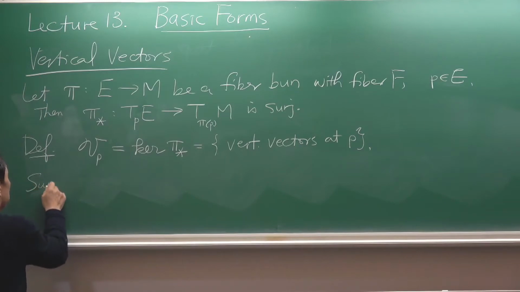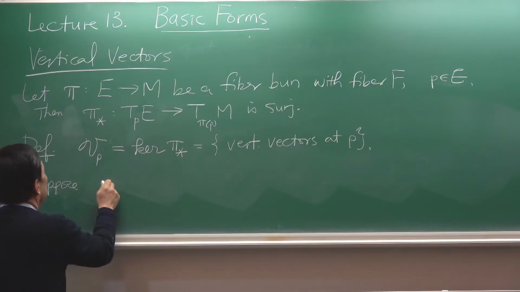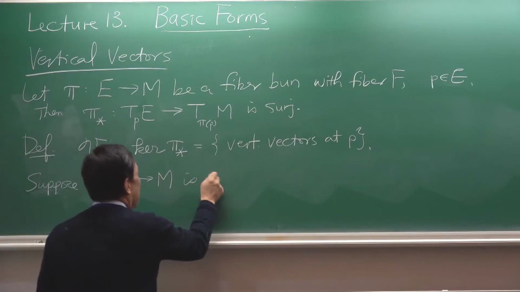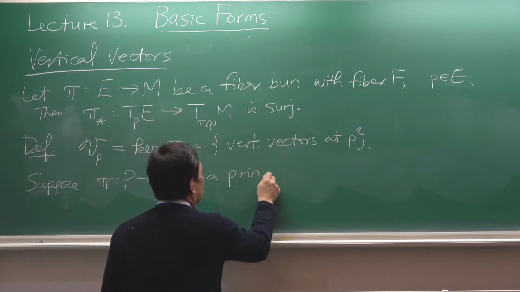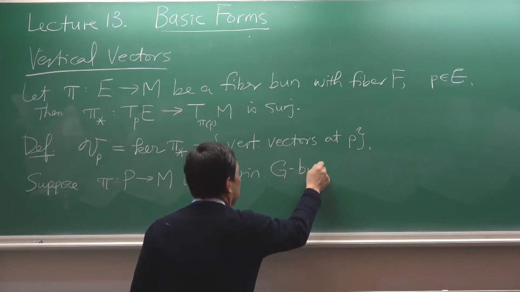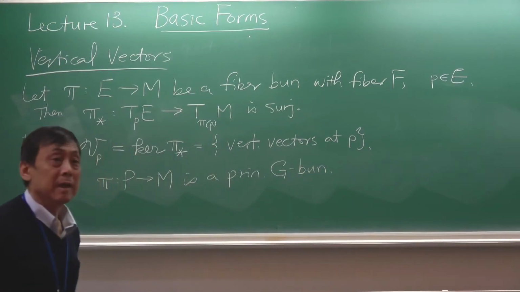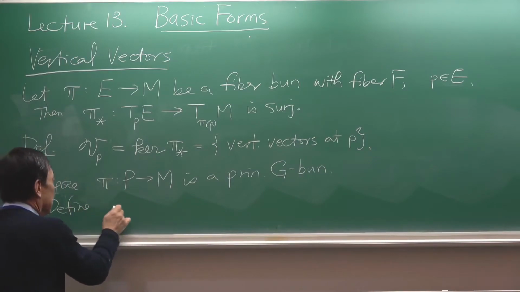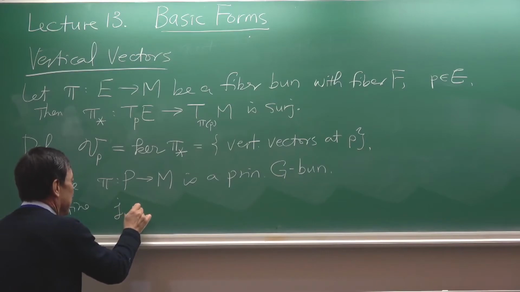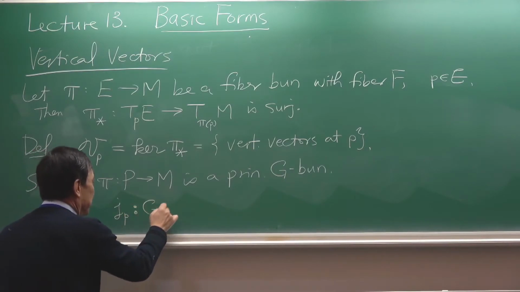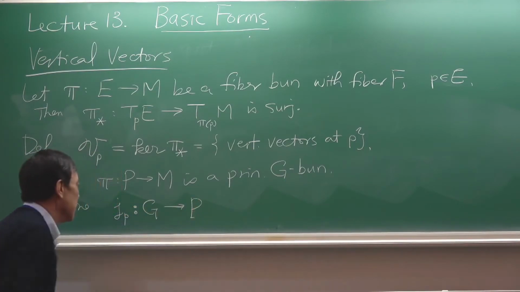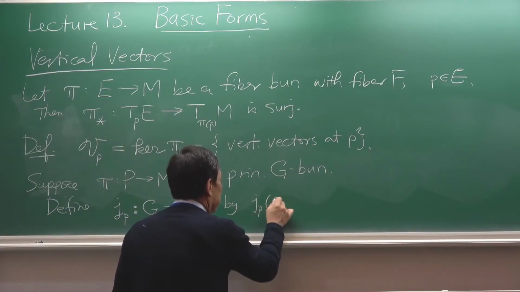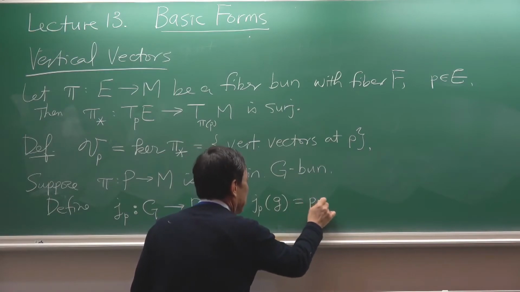Now suppose we have a principal G bundle. And we can define J_p from the Lie group to P by J_p of g is p dot g.